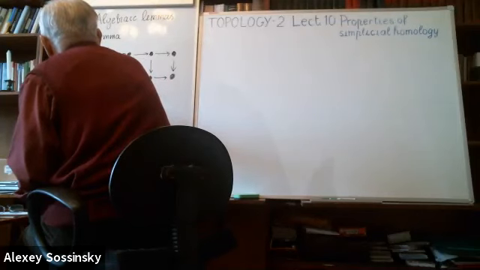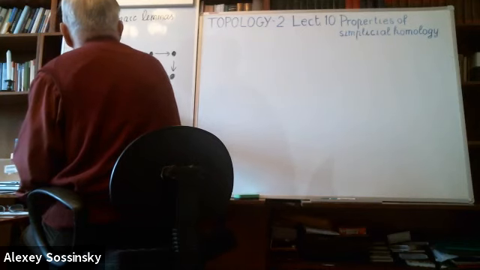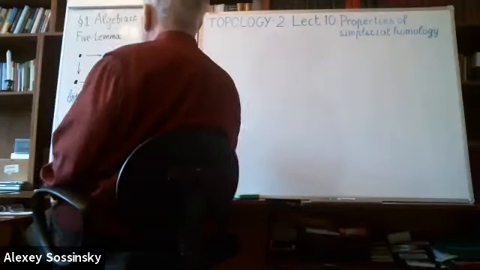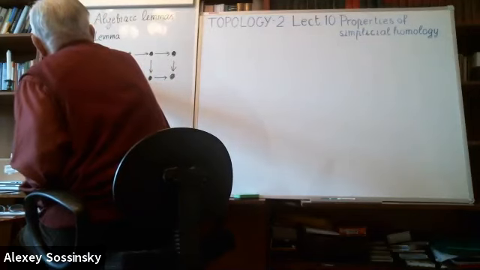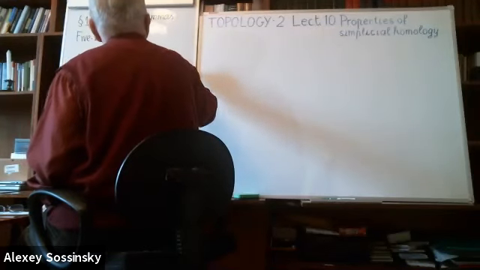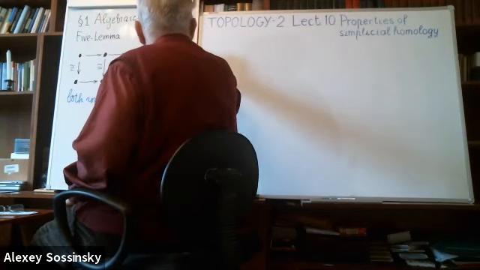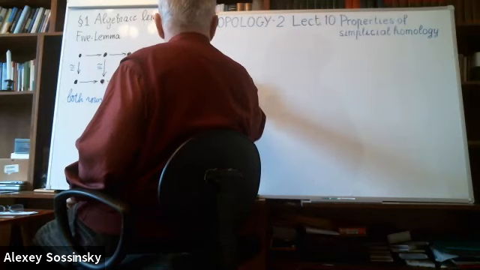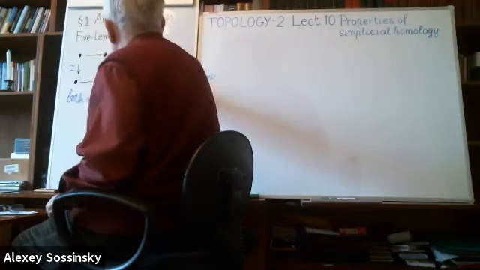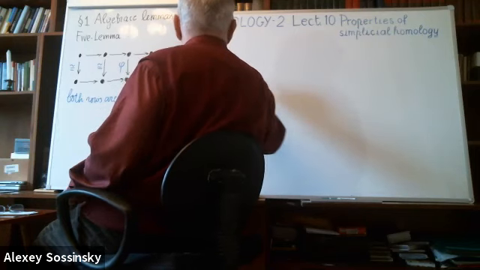Both rows are exact. And we also know that the vertical arrows, this arrow, this arrow, this arrow, and this arrow, are isomorphisms. In that situation, the lemma asserts that this vertical arrow, called phi, is also an isomorphism.